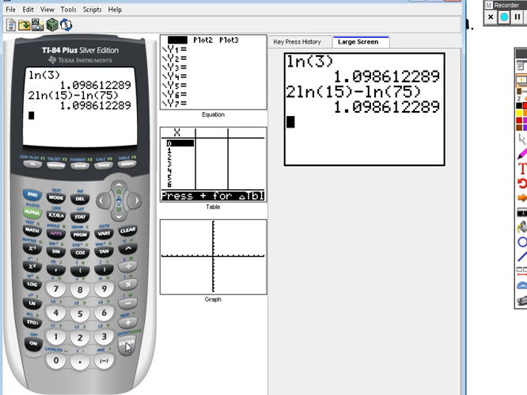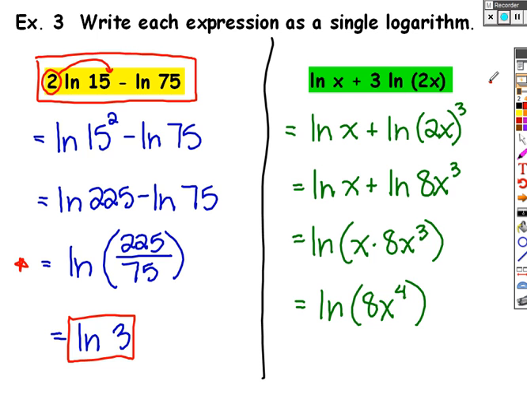And sure enough, both of these equal about 1.10. So that's a good check that these expressions, the original and the ending expression, are actually equivalent.